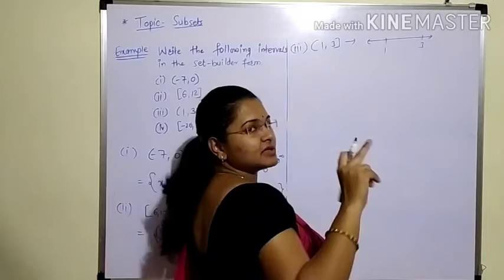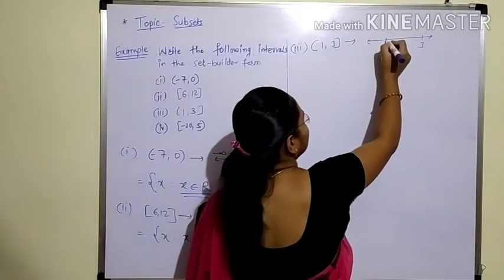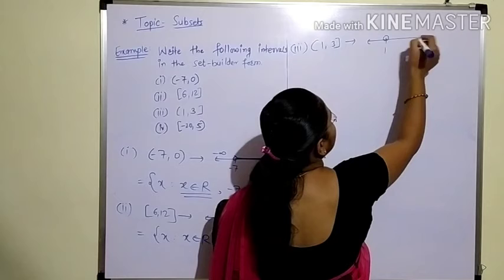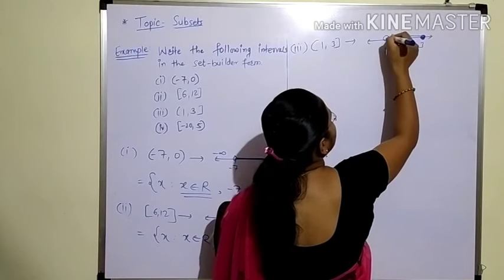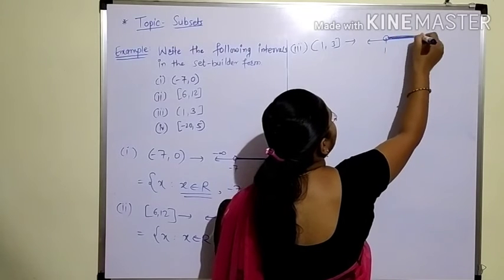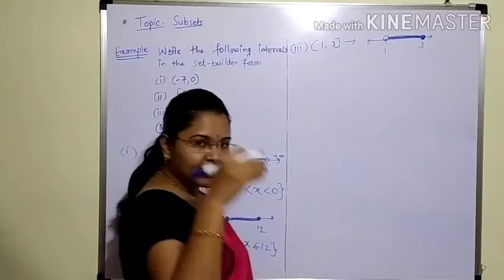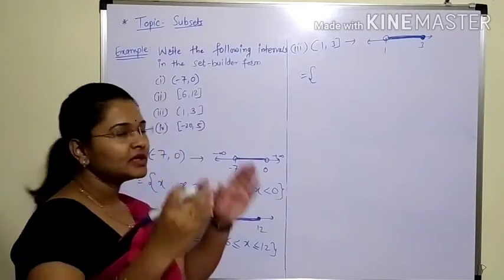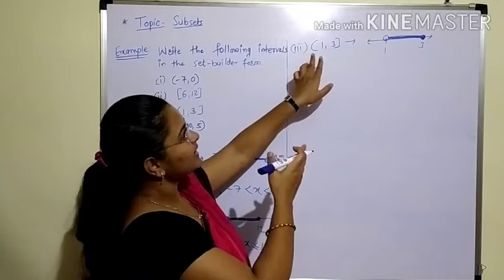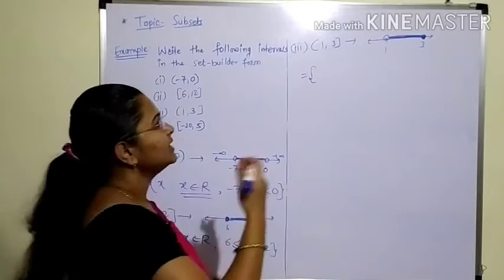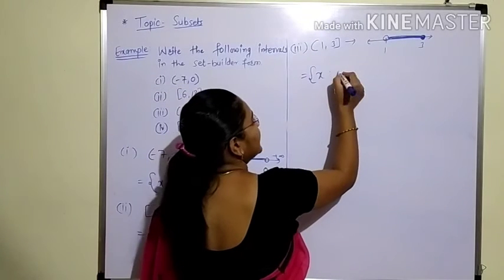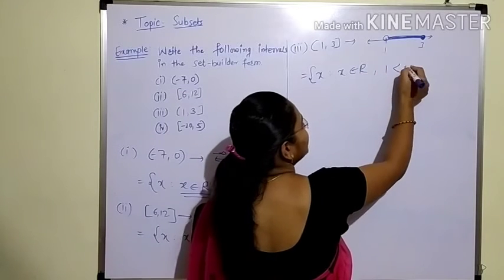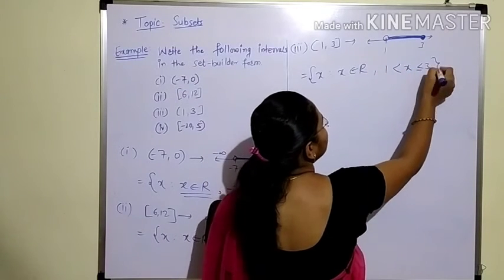Open bracket is given, so we will not include that point, and closed bracket is there, so we'll include point 3. So the interval will contain the points in between 1 and 3 and point 3 also. So in set builder form, our interval (1, 3] is set of x such that x belongs to the set of real numbers, 1 strictly less than x less than or equal to 3.